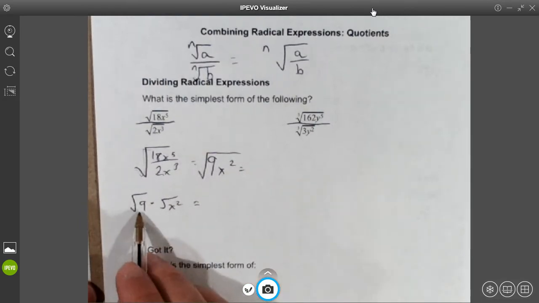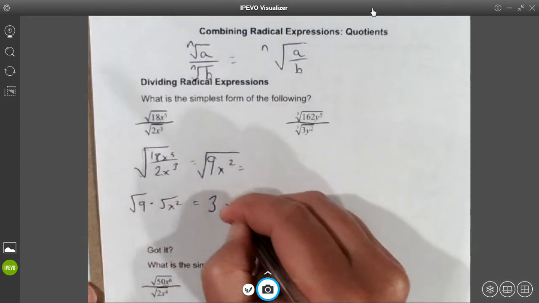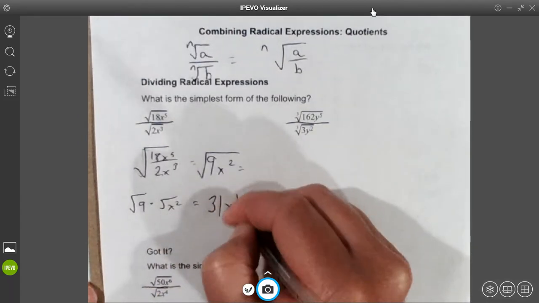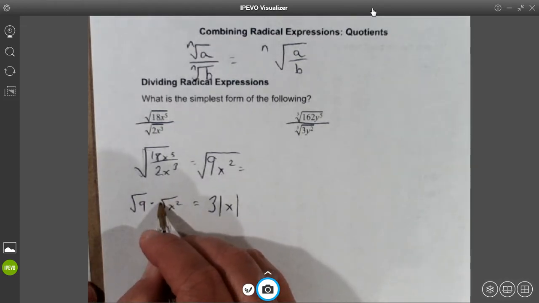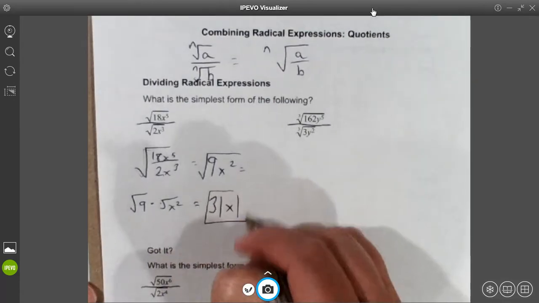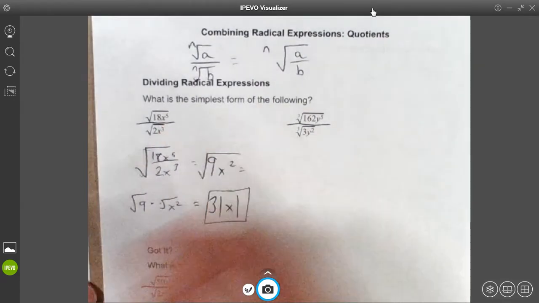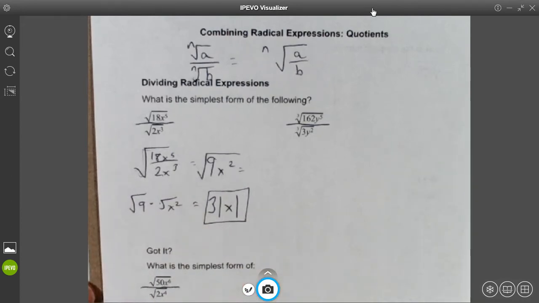The square root of 9 is 3, and the square root of x squared is, remember, the absolute value of x. If the index is an even number, you need those absolute value symbols. So this simplifies to 3 times the absolute value of x.